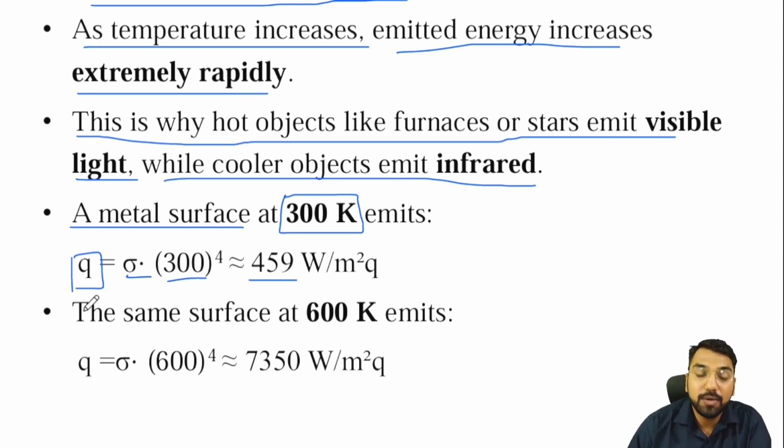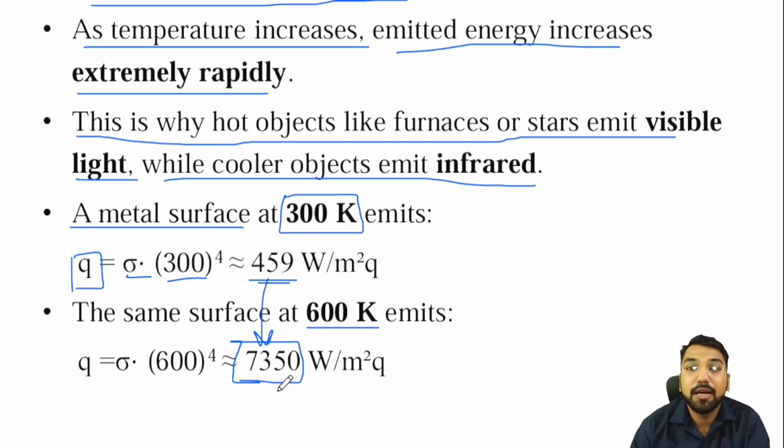But if we double the temperature to 600 Kelvin for the same metal surface, we observe that the total heat transfer by radiation is 16 times higher, about 7350.